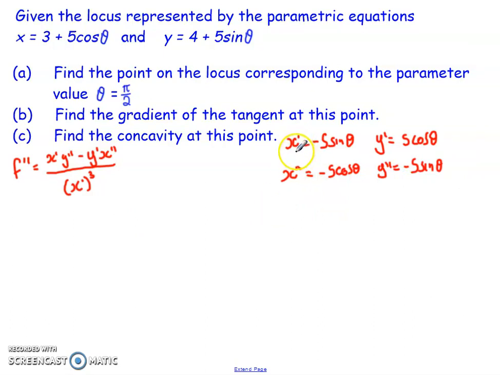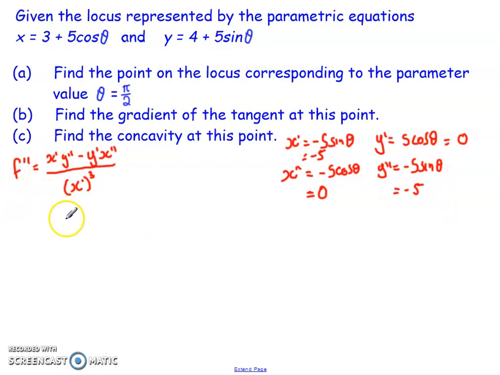Well, I know that at pi over 2, x dashed was equal to negative 5 times 1, so that was equal to negative 5, and I remember that my y dashed at pi over 2 was equal to 0. Second derivative of x is negative 5 times 0, so that's going to be equal to 0. Second derivative of y is going to be negative 5 times 1, so that's going to be negative 5.